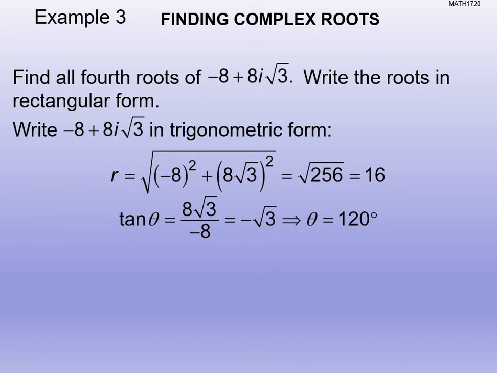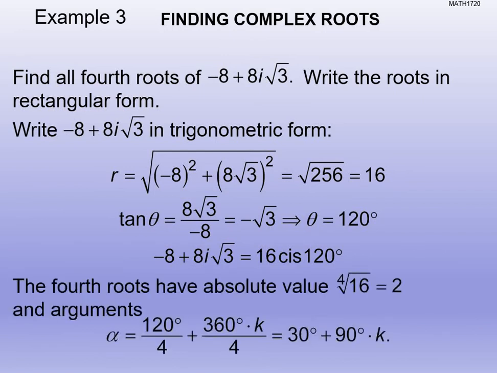Now we go into our long form. We're going to find the fourth root, so we substitute into the root formula, now that we know r is 16 and theta is 120. We write that out as 16 times cosine of 120 plus i sine of 120.